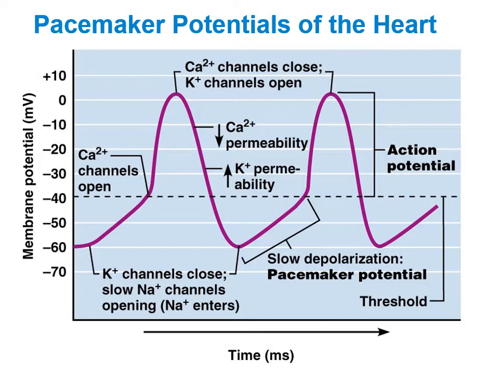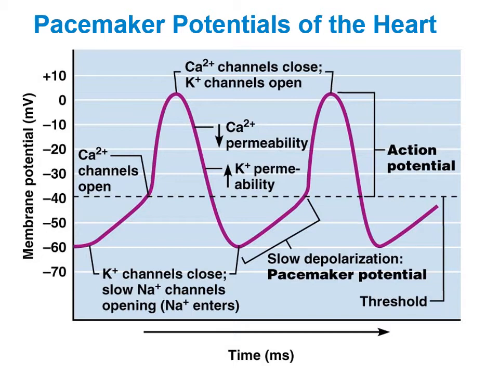Cardiac muscle tissue is controlled intrinsically by self-depolarizing neurons. These neurons fire pacemaker potentials, allowing them to self-depolarize in a regular pattern. What's different about pacemaker potentials? They reach threshold with sodium, depolarize to peak with calcium, reach peak at 0 millivolts instead of plus 30 millivolts, and do not hyperpolarize.